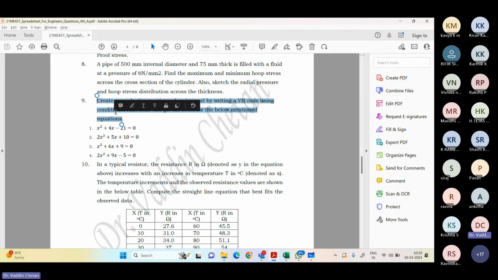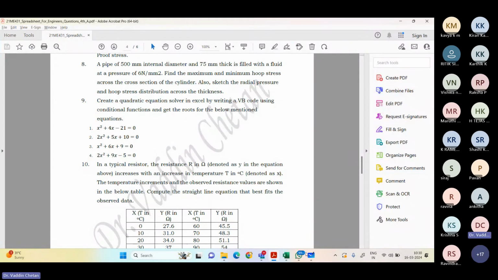So now I need to create one quadratic equation solver by writing a VB code using conditional functions, and I need to get the roots for the below mentioned equations. Right, below mentioned equations.